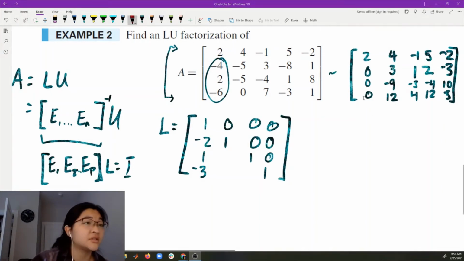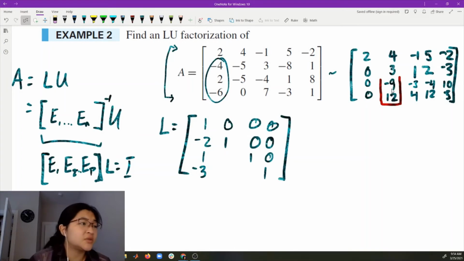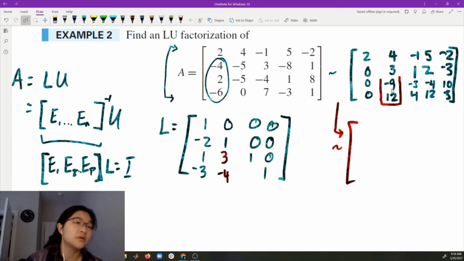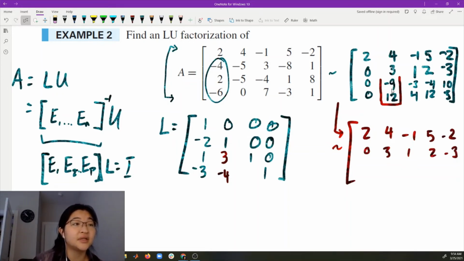And then in order to zero out what we have over here, with these, we'll need to multiply by 3, -4 in order to zero those out. And so that means that here we have 2, 4, -1, 5, -2, 0, 3, 1, 2, -3, 0, and then 0.